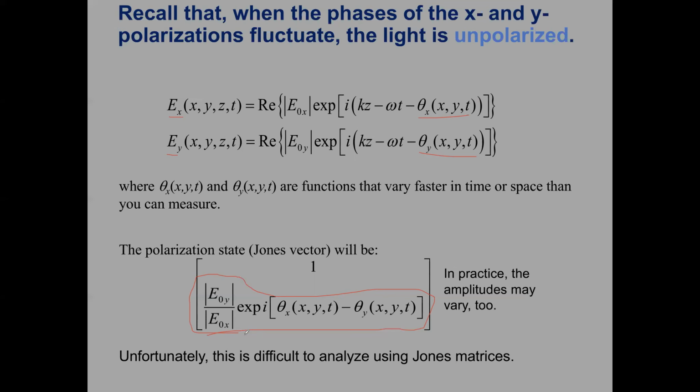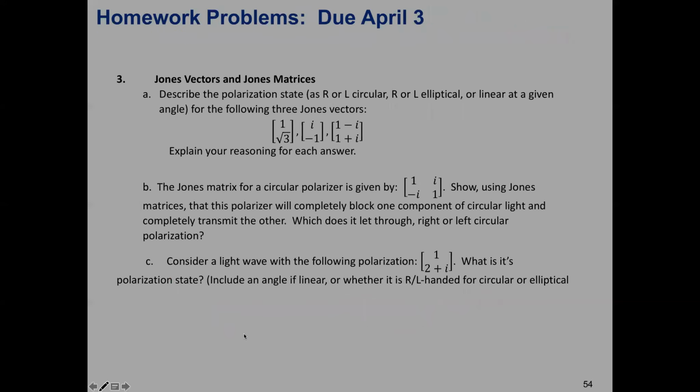As for the homework problem on this material, that will be this one here. There are going to be 3 parts. The first part is on Jones vectors. You have to work and simplify what different polarization states these are and how you know that.